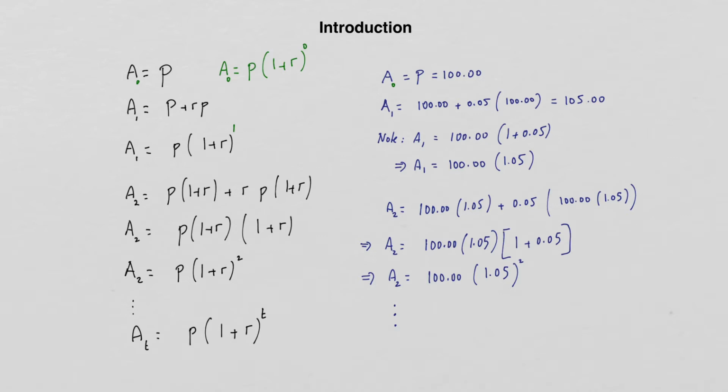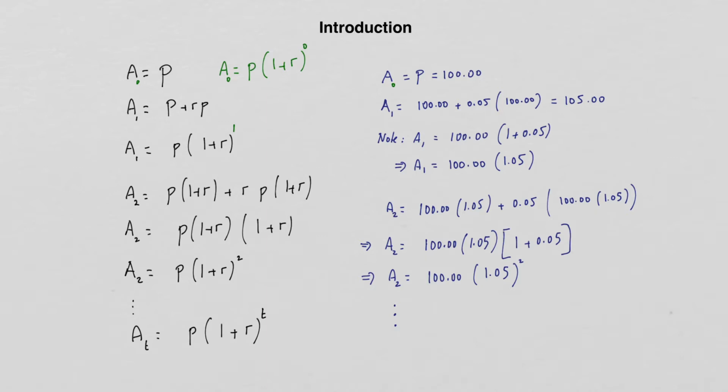I am not too concerned with this value, even though it's true. Jumping from 100 to 105 is not going to be helpful to me. I would rather focus on this expanded expression. And here is why. Because I want to build a formula that will enable me to figure out how much money I have at any given time.